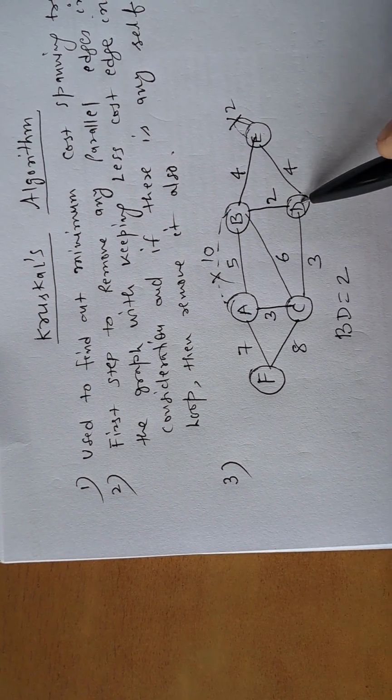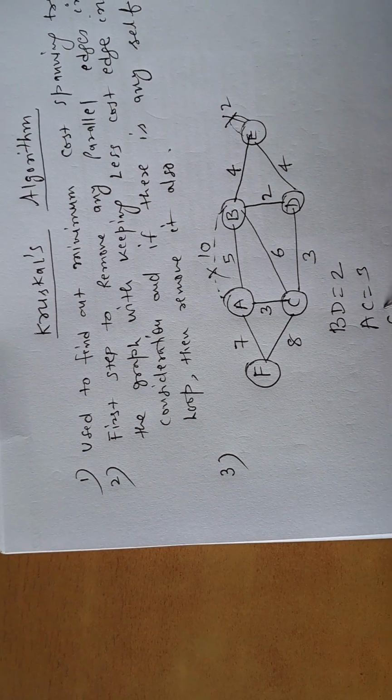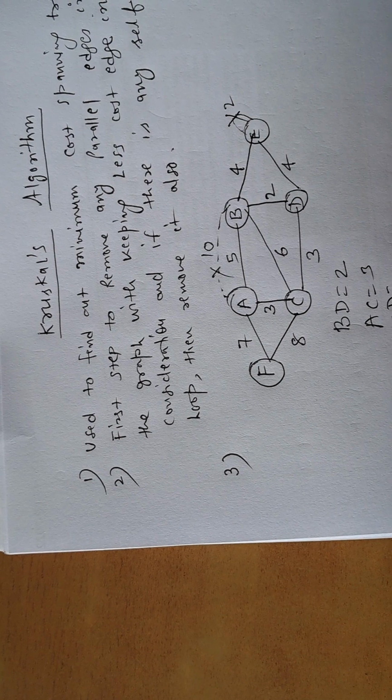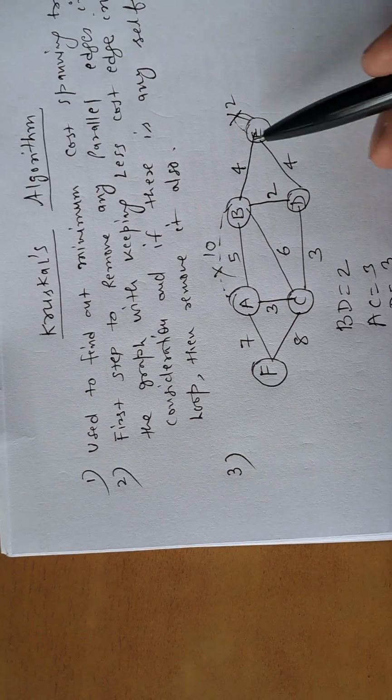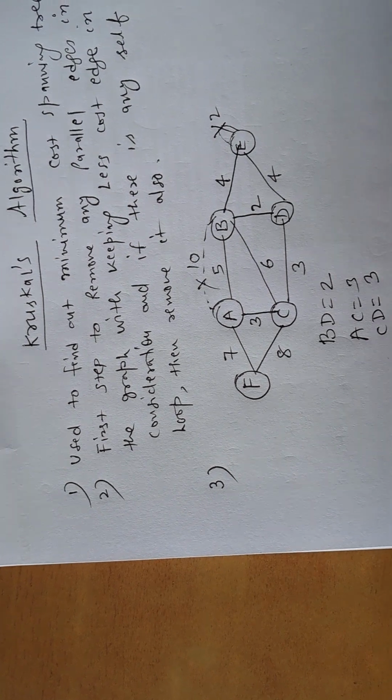For 3 we have two edges, let's say AC we have 3 and CD also we have 3, and then we have the next cost 4, that is BE.